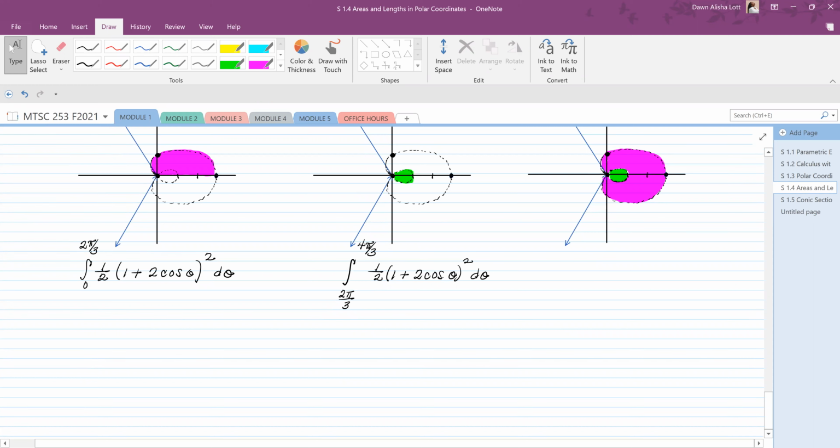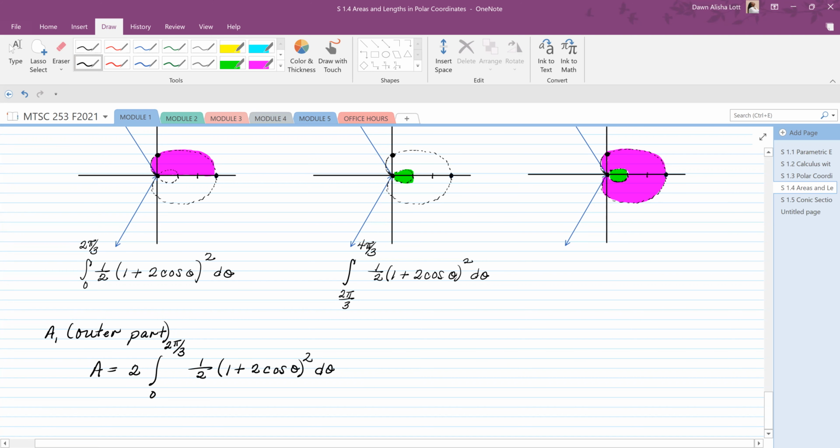All right, so the first piece, the area, in order to get that first piece, we're going to call that A1, is the outside. So that area A1 is 2 times the integral from 0 to 2 pi over 3 of 1/2 times (1 plus 2 times the cosine of theta) squared d theta.